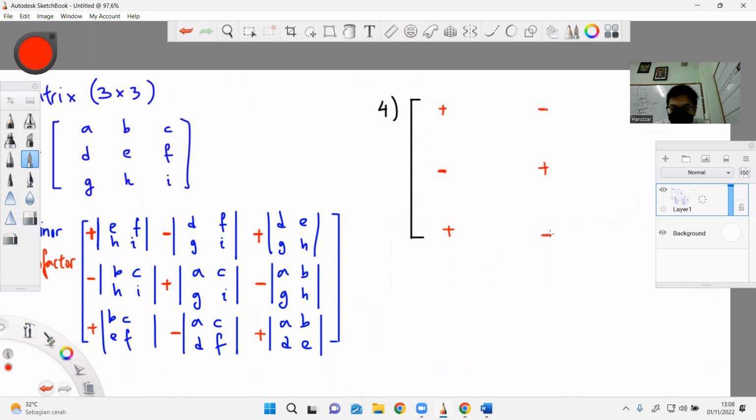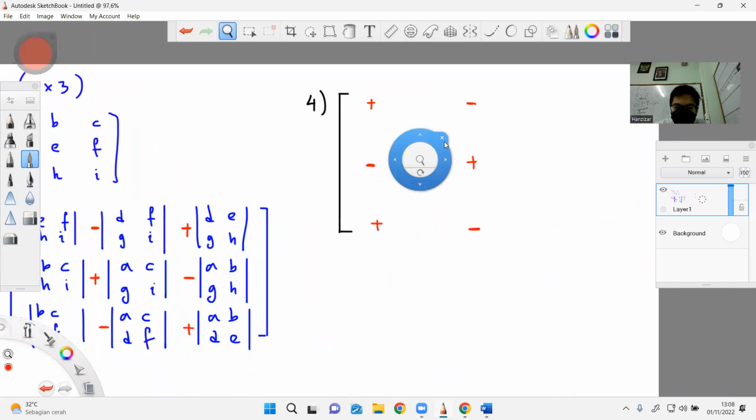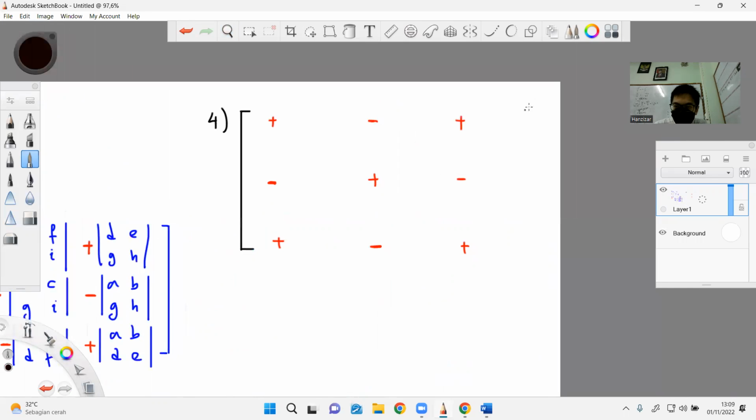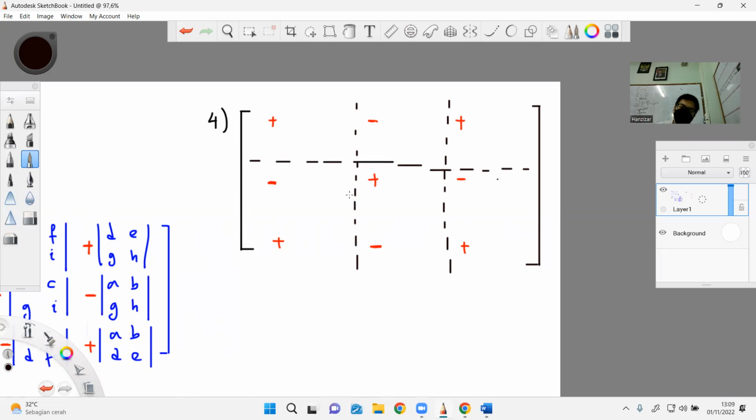Okay, I put the sign first. Then I close the matrix, and then I put the separator. So it's already segmented, right? But again, you don't have to use that anyway.